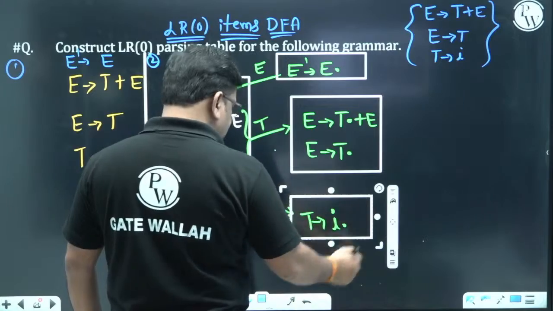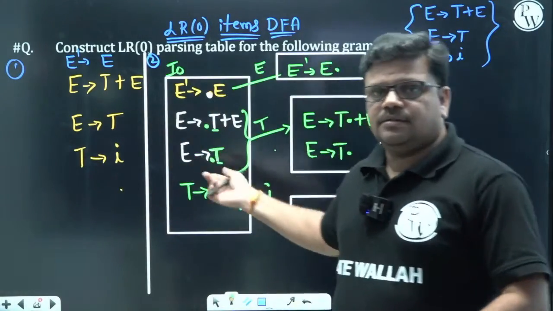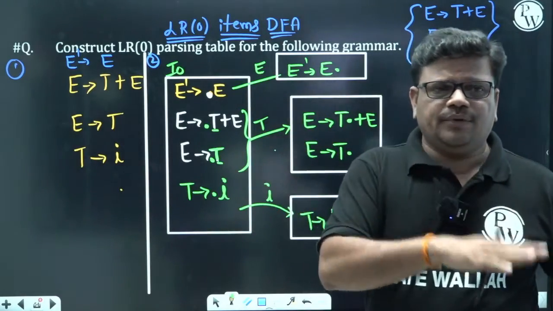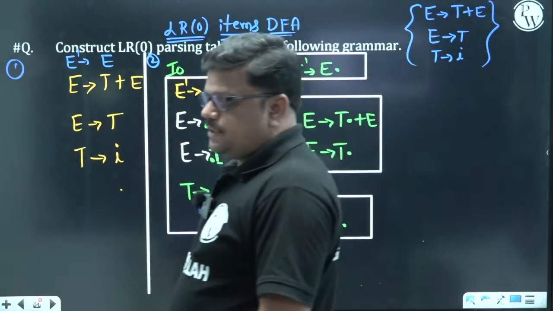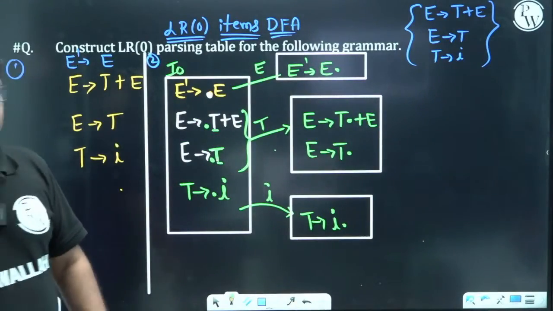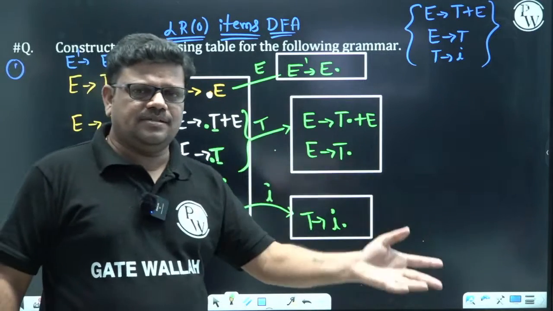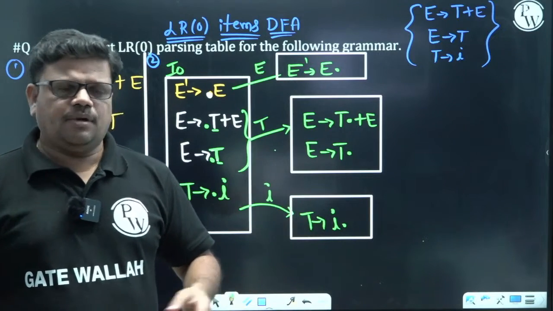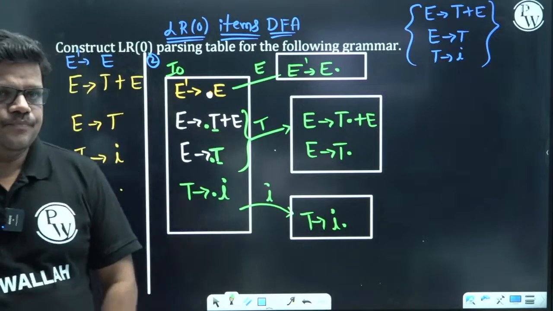So construction of this DFA is the major concept. Once it is there, converting it into a table is a very small, easy concept. Designing this DFA is the main concept. Once the DFA is designed, we will construct the table for one or two examples. After that, without the table, we will conclude every possibility of the table.